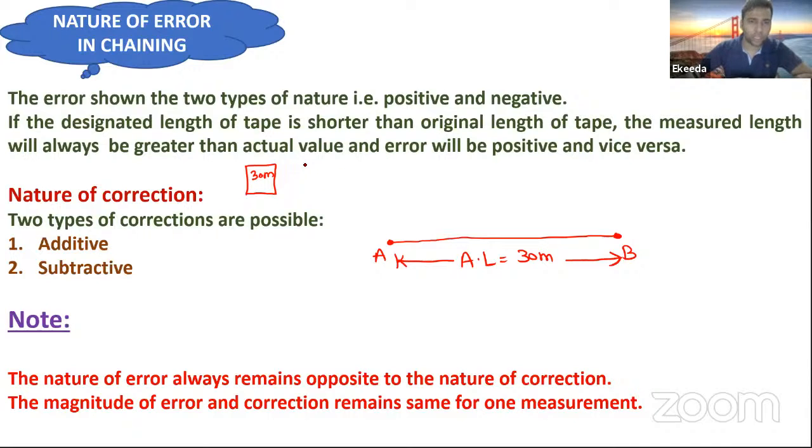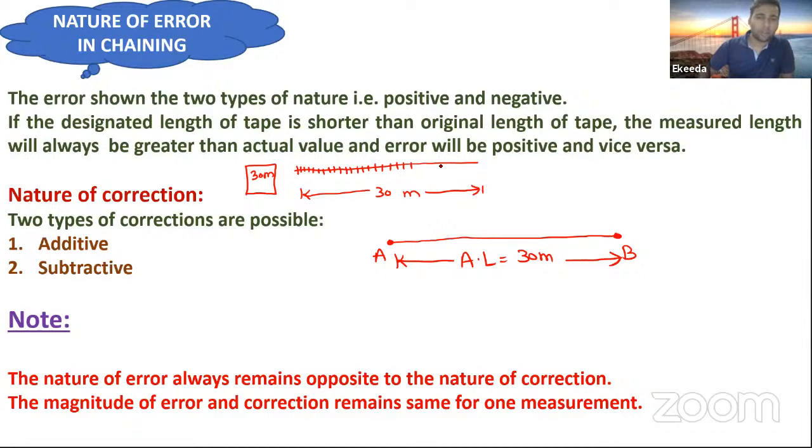Okay. Now suppose that due to manufacturing defect in this tape, the readings are written very closely. Now if the readings are written very closely, then suppose that this is the total 30 meter length.